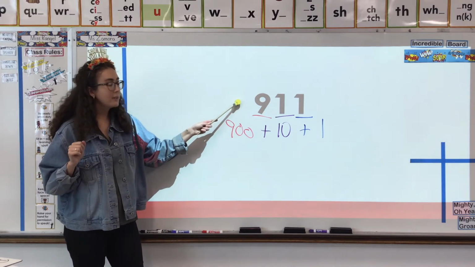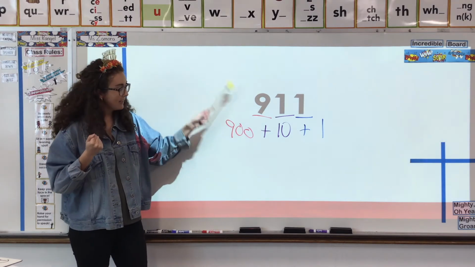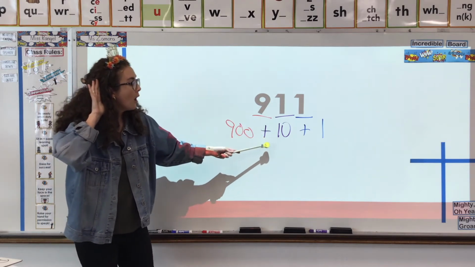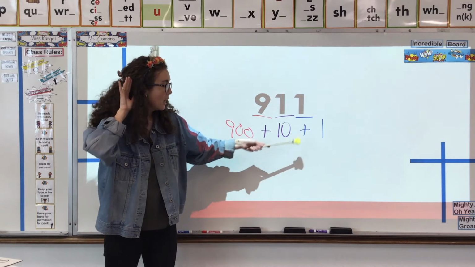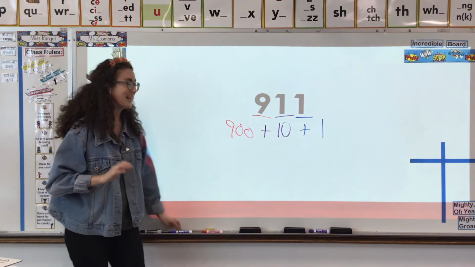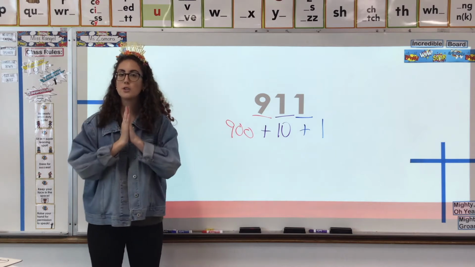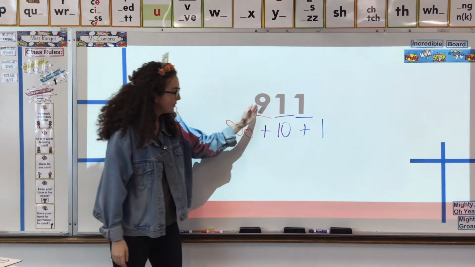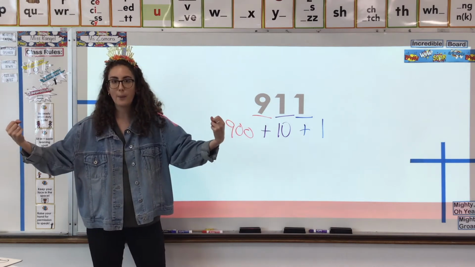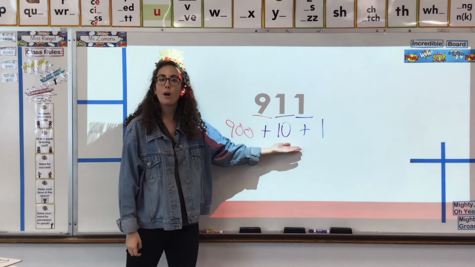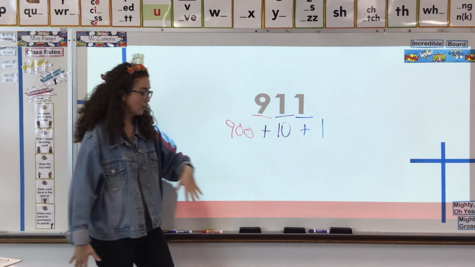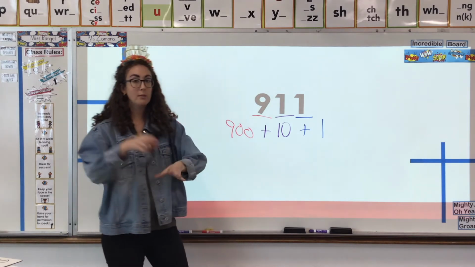The expanded form of 911 is 900 plus 10 plus 1. Exactly. Good job. So we just had to look at the value of each digit and expand it, break it apart, so we could see it all within an addition sentence. Okay, are you ready to try one on your own?